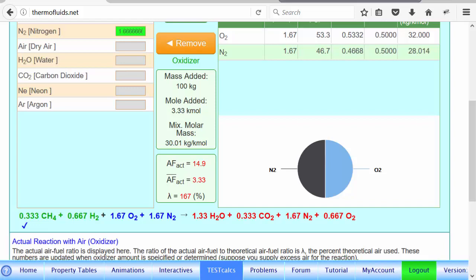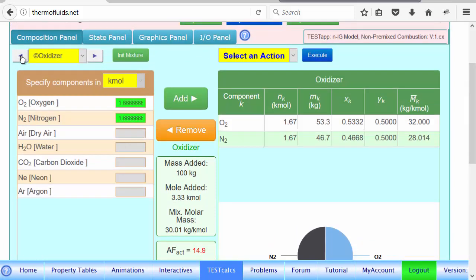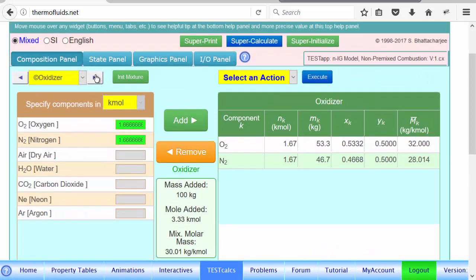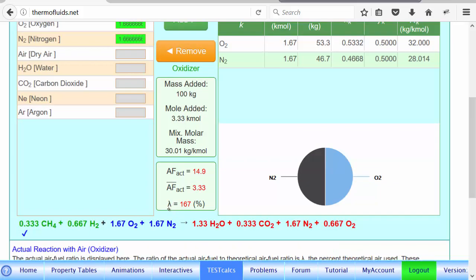The actual air-fuel ratio is 14.9 in this case, and the theoretical air-fuel ratio is 8.97. So in this particular reaction that we set up, what is the percent theoretical air used? Lambda is 167, so 67% excess air, not air, oxidizer, has been used in this reaction.